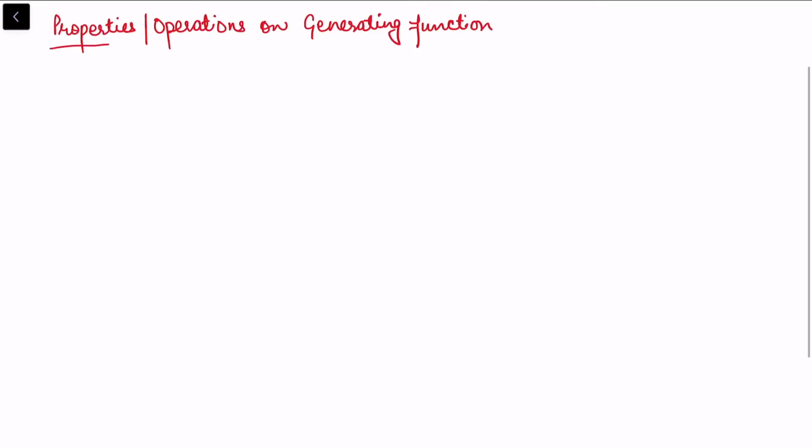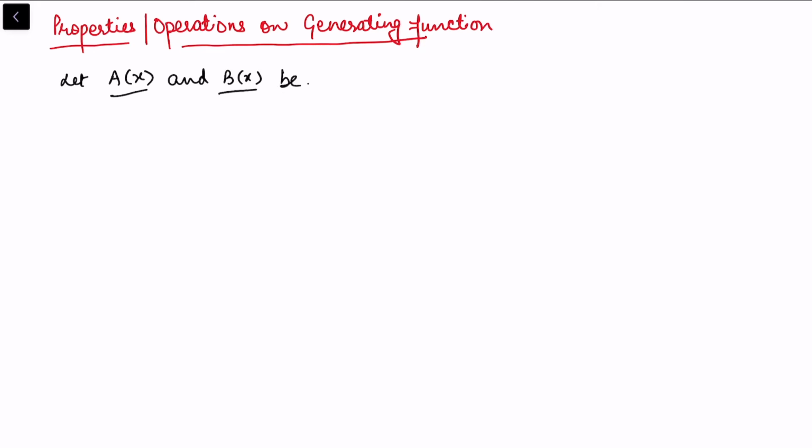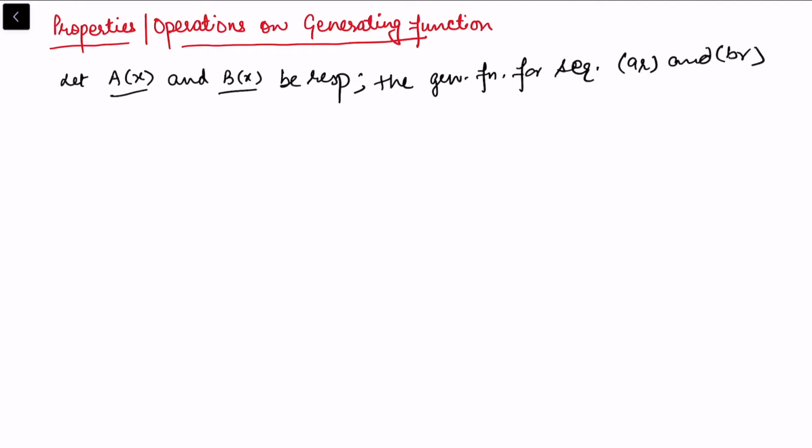Now we talk about the properties and operations on generating functions, and for this let me consider two generating functions. Let A(x) and B(x) be the generating functions for the sequences a_r and b_r respectively.